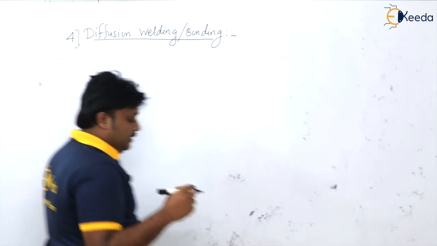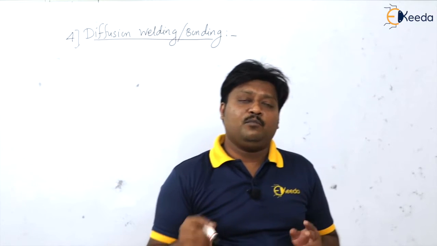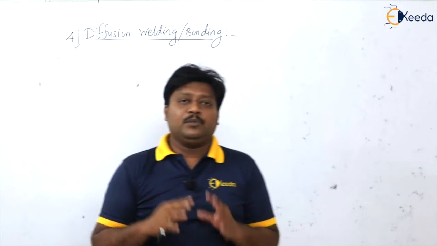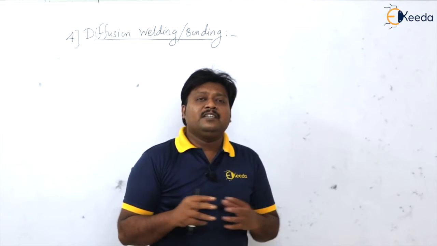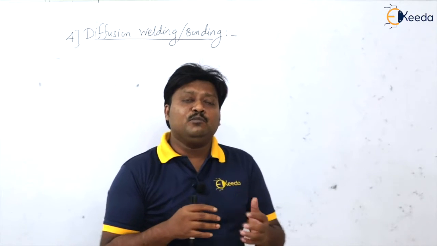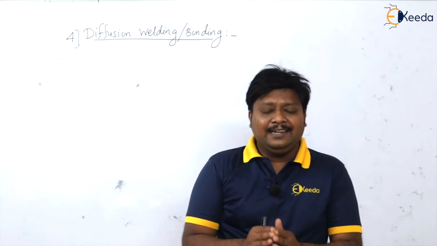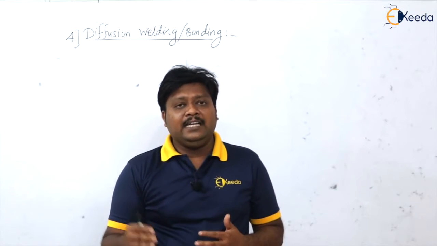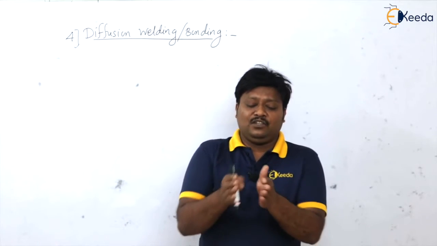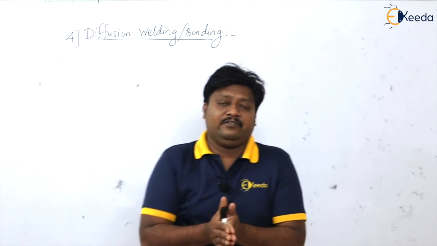So see here, in this diffusion welding, the strength of the joint or weld is obtained primarily because of the diffusion. That is, diffusion is nothing but what? The atomic movement at the interface of the two joining surfaces, and secondarily by the plastic deformation at the contact surfaces.